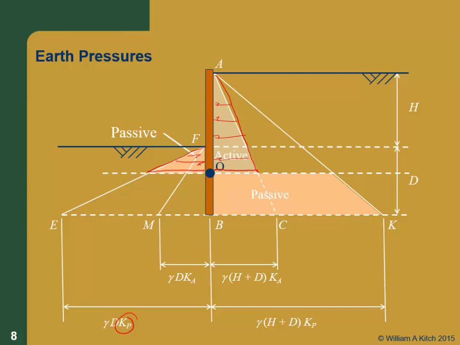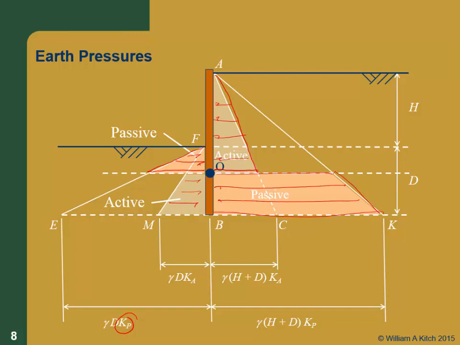So I'm going to get a trapezoidal resistance behind the wall that looks like this, where it goes out to the limit of the passive. And then on the front side of the wall, I'll have active pressure in that same case because the wall is moving away from it on the front side, and I'll have this trapezoidal area there.